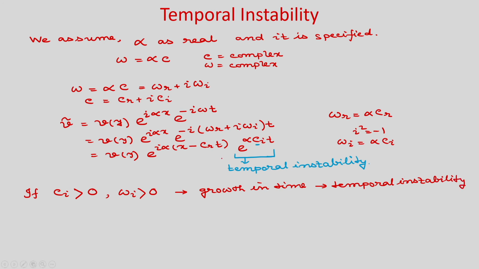Okay. And if c i is less than 0, that means omega i is less than 0, from here you can see that it will decay in time, right. So, this term will decay in time. So, that means it is a temporal stability.